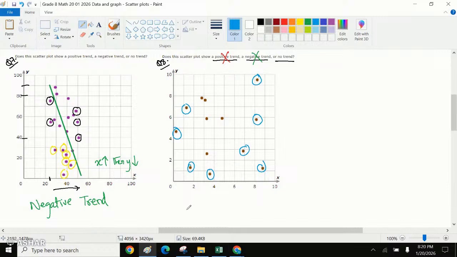So we say that there is no trend, no fixed format, no pattern that tells us whether it's increasing or decreasing. If we cannot find whether it's increasing or decreasing, we simply say there is no particular trend. Okay, do we agree till here?